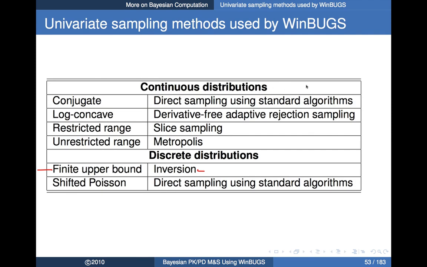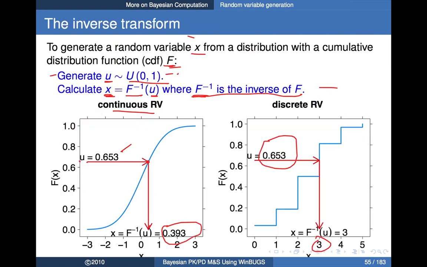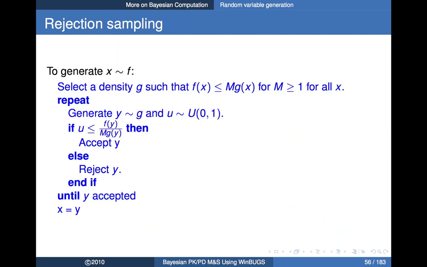Where I'm leading to is the adaptive rejection sampler that WinBUGS uses, which is a little bit more complicated, but it's easiest to explain that if you first understand what a simple rejection sampler is. Okay, and let me give you that.